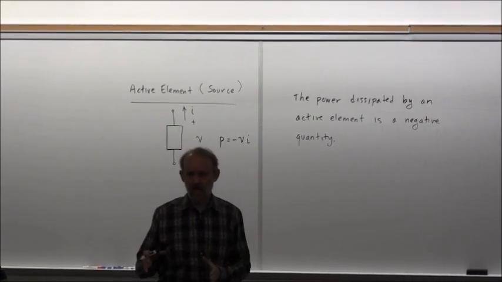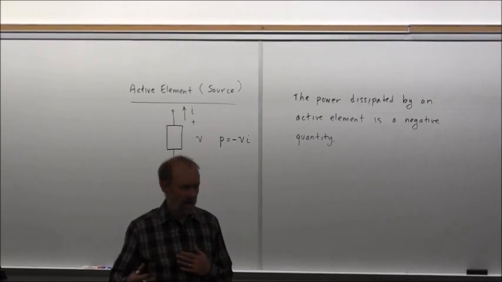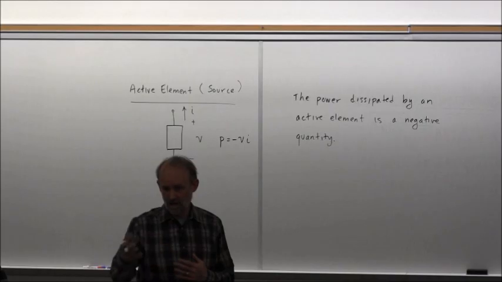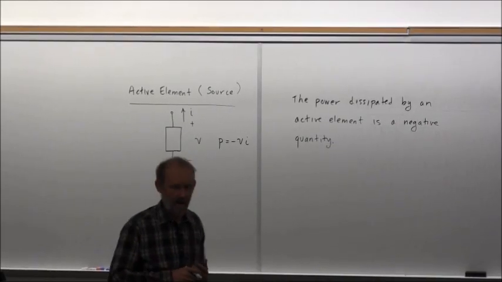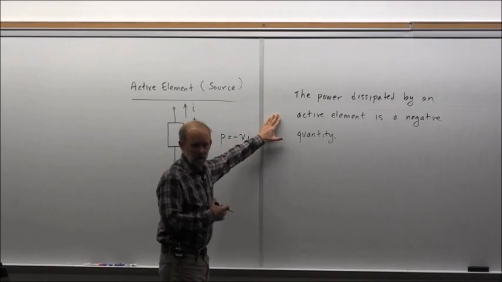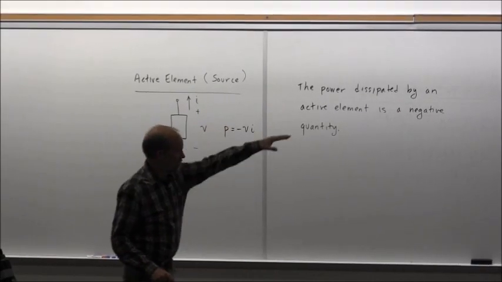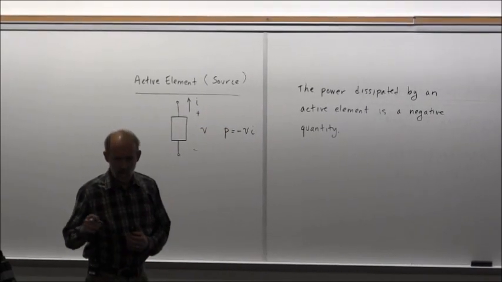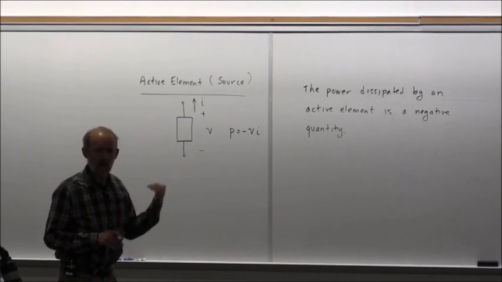And it may seem clumsy at first glance, but as we develop these systematic methods of circuit analysis, if you give it time, you'll see why that's such an advantage to have. But yeah, this is simply saying that an active element is providing energy to the system. But we will rely heavily on this passive sign convention. Any other questions on that?